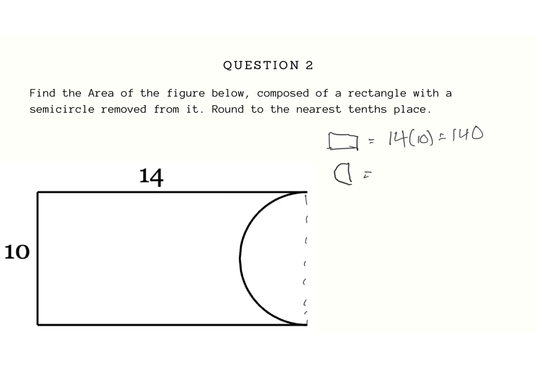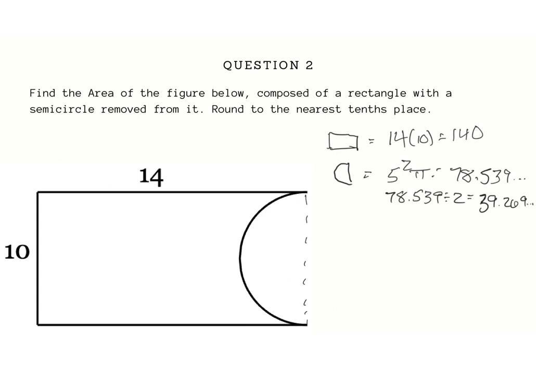Now the diameter is 10, so the radius is going to be 5, so 5 squared times pi. If I do that on the calculator, it'll give me 78.539. We're going to divide that by 2 to get us 39.269.